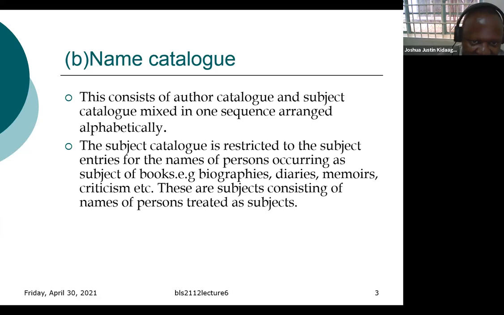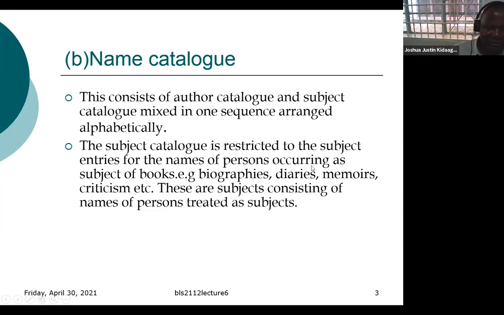When we combine the author catalog and subject catalog, the subject catalog we are referring to is the one which is restricted to the subject entries for the names of persons occurring as subjects of books. For instance, biographies, diaries, memoirs, criticism. These are subjects consisting of names of persons treated as subjects.